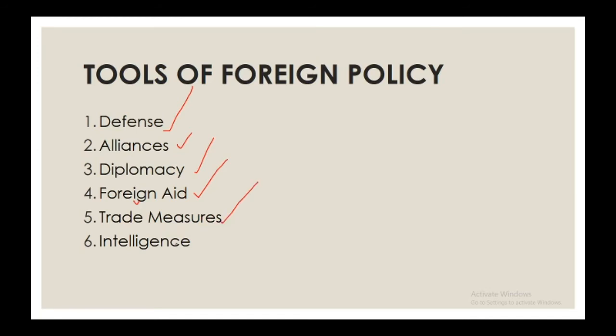Trade measures are basically the policies used for economically making the state powerful. Intelligence can be used for gaining information about another country and changing its stance according to that. So these are the following tools of foreign policy.